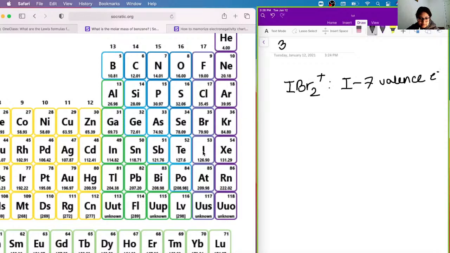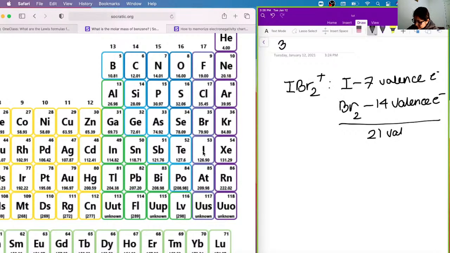Now we have to look at bromine, which also has 7. In this case, we have 2, so we will multiply that by 2. And so you have 14 valence electrons for 2 bromines. You add them up to get your total, and you should get 21 valence electrons in total.